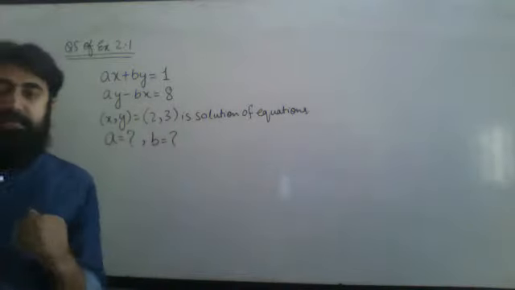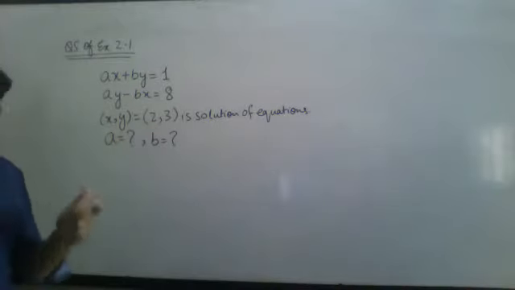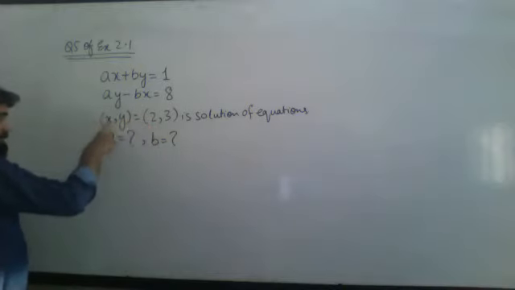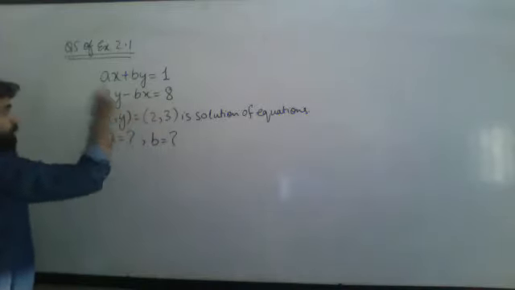Now, if this is the solution, what does it mean? It means I can put 2, which is x, in both equations, and I can put y equals 3 in both equations.